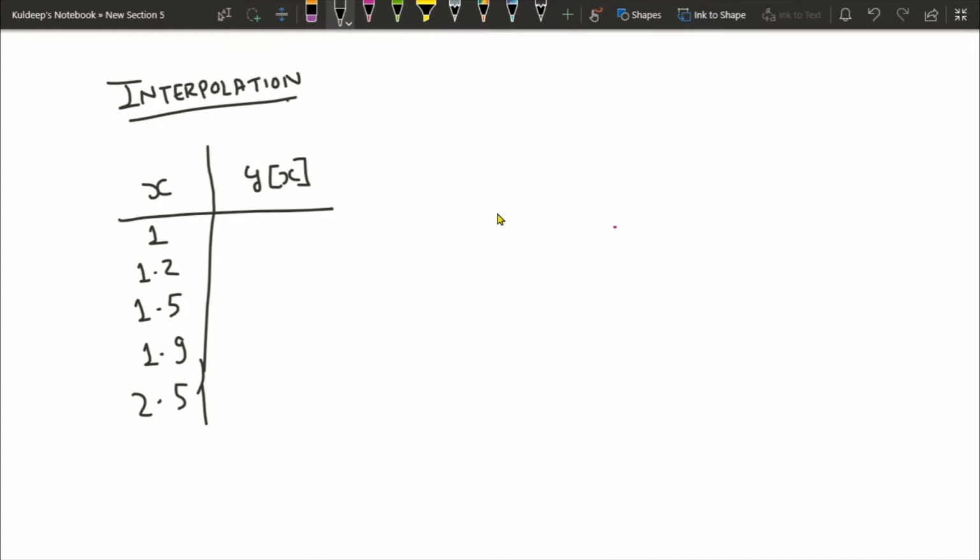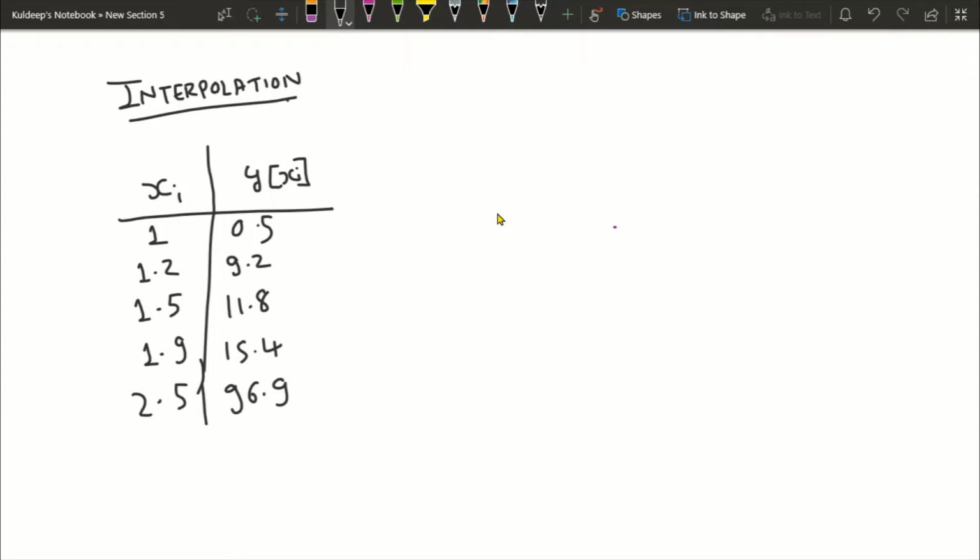So here we have xi and here we have y of xi. Suppose that here we are having 0.5, 9.2, 11.8, 15.4, and 96.9. So we are having a list of points and a function which is evaluated at these points.